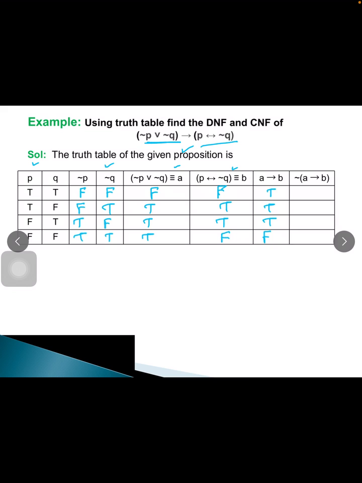So now we have this. Here we need to find the DNF and CNF both. First we find the DNF.